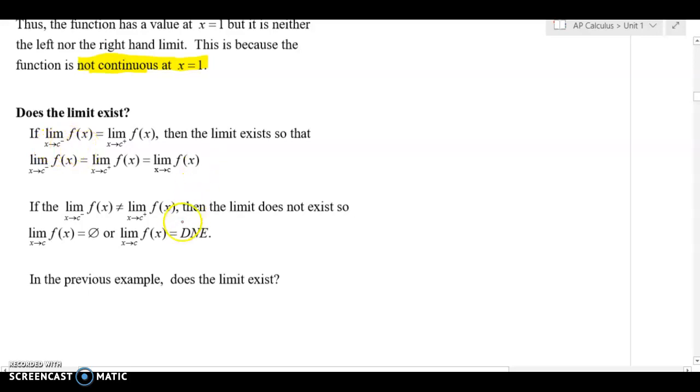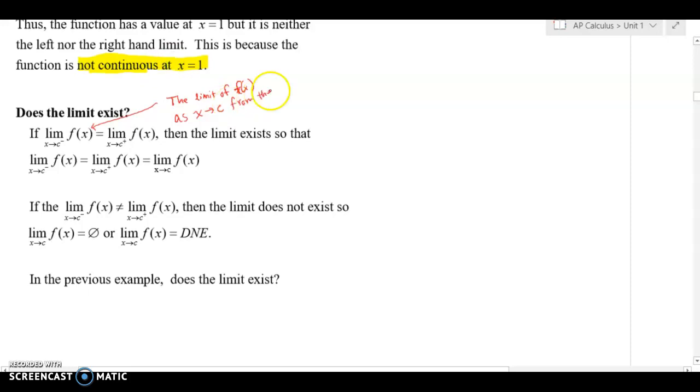If the limit from the left, I'm reading that one as the limit of f of x as x approaches c from the left.